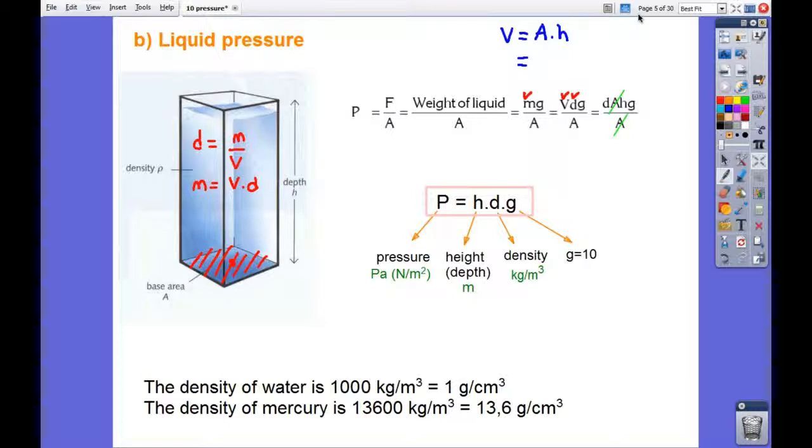So the volume can be substituted with area and h. Let's cancel area, and what we get here is that the liquid pressure at the bottom of this container is equal to the depth of the water, density, and gravitational acceleration, which is 10 meters per second squared.